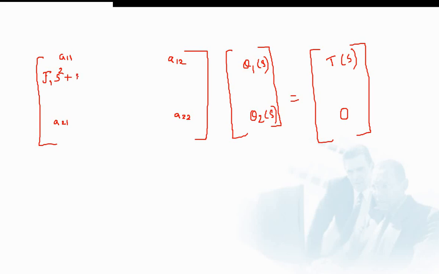So, B12 s plus K, that is A11. Now, for off diagonal elements you have to give a negative sign. So, negative. Now, what are the elements that is connected in between J1 and J2 or associated with both J1 and J2? That is only K and B12. So, we can write it as s into B12 plus K.